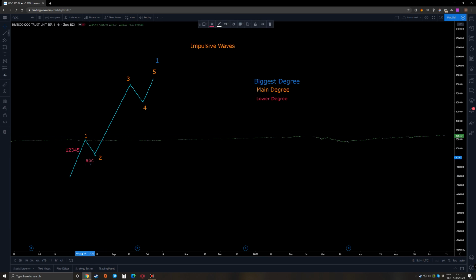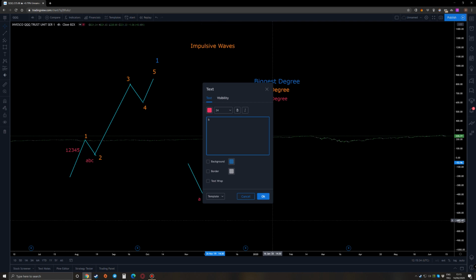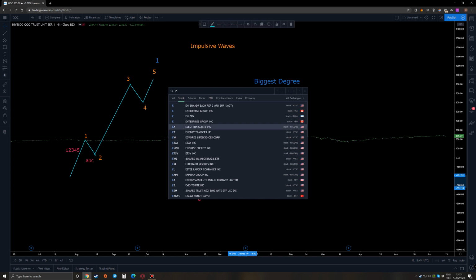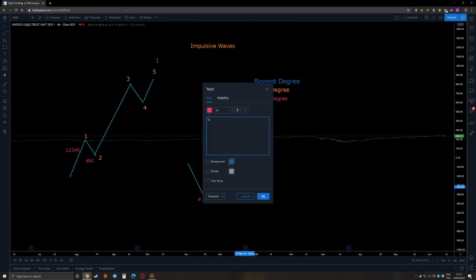So if you think that the second wave looks something like this, A, B, C, D, and E. So let's label it on this degree here: A, a B, a C, a D, and an E wave.